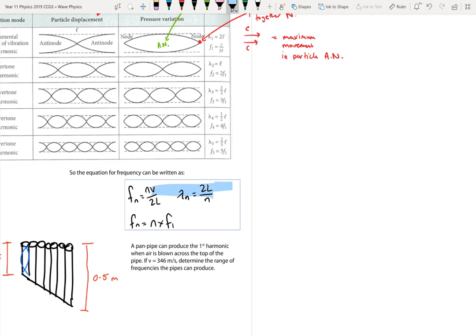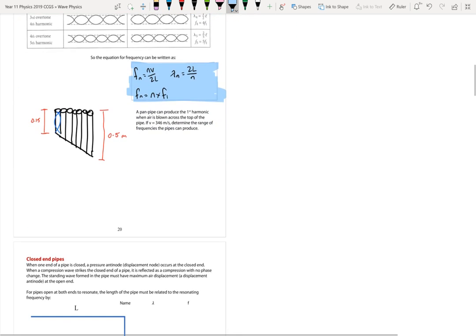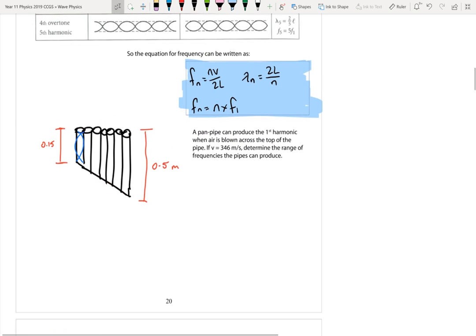And we'll just highlight that as well. Okay, a panpipe. Easy, yes? So when it's a pressure antinode, it's a particle node. Correct. Please say it's the other way around. The pressure and the particles are opposite.